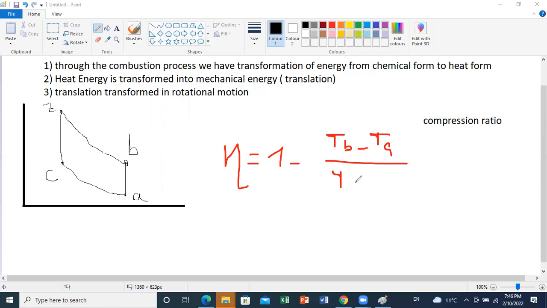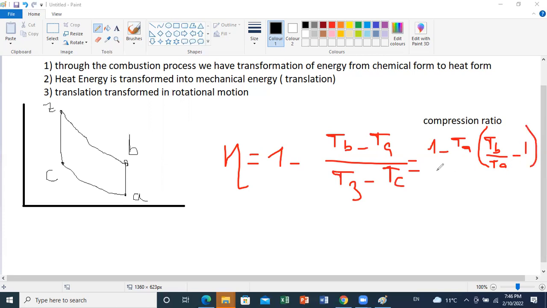Let me try to figure out this ratio. So I will take in my numerator TA into factor. I get 1 minus TA times TB over TA. So I just here take TA into factor. So I get inside my brackets TB over TA minus 1.